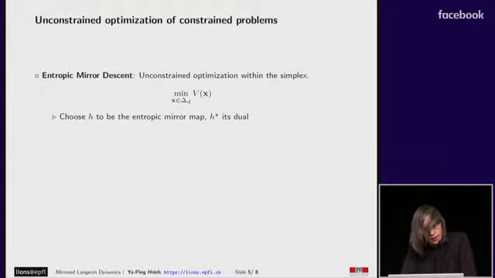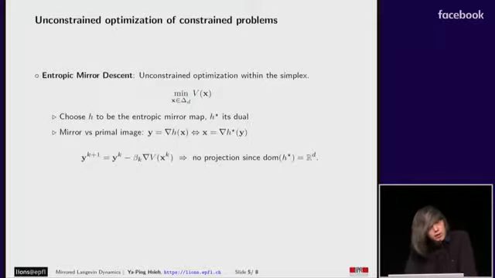However, if you're an optimizationist, at this point you'll probably recall this very interesting example. So suppose we want to do minimization on the probability simplex. So this is a constrained optimization problem. But you actually know that there's an unconstrained optimization algorithm called the entropic mirror descent to solve this constrained optimization problem.